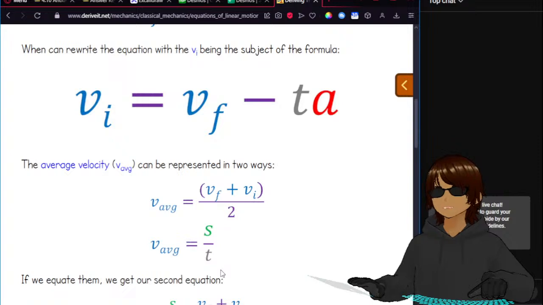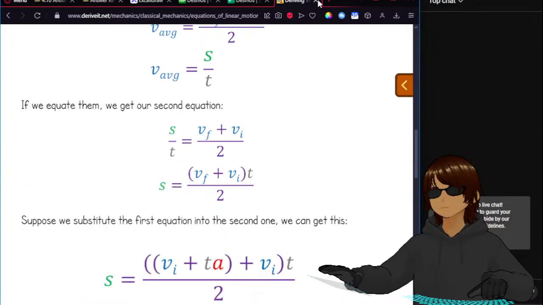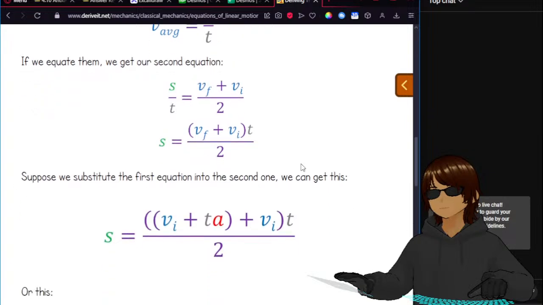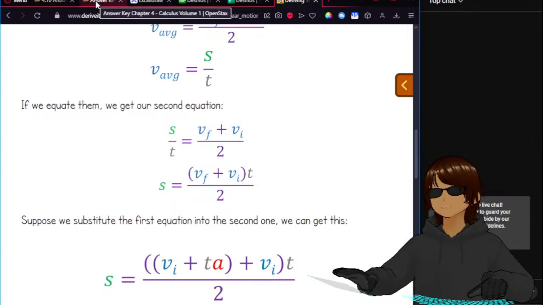Average velocity is the displacement s divided by time. Is this correct? Is it v final plus v initial?